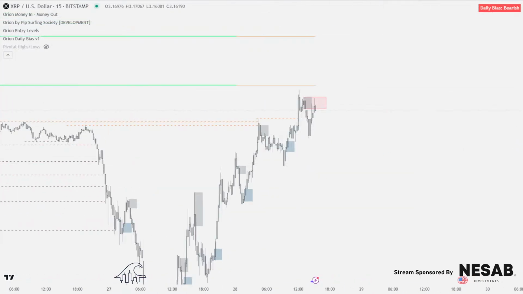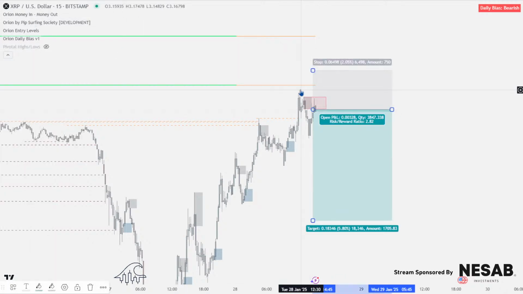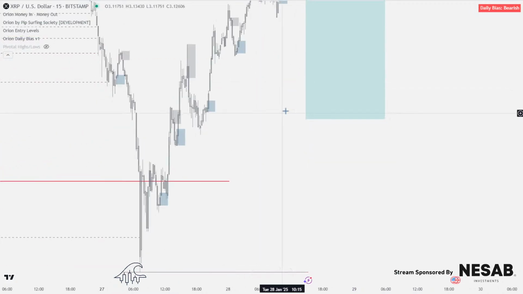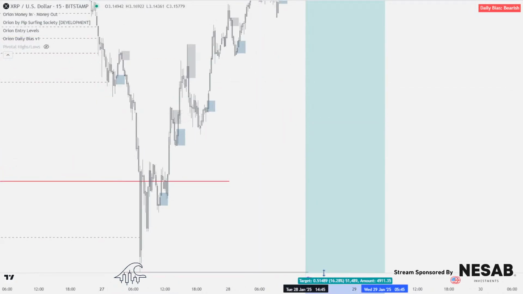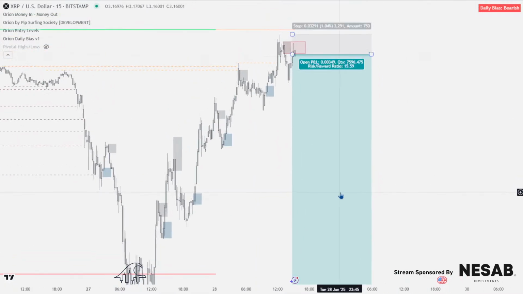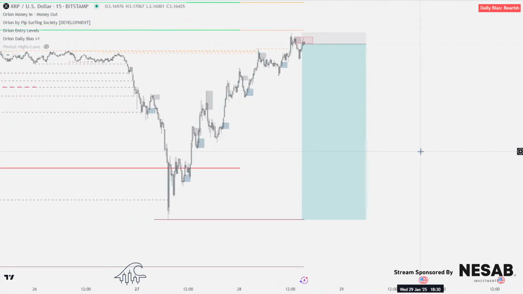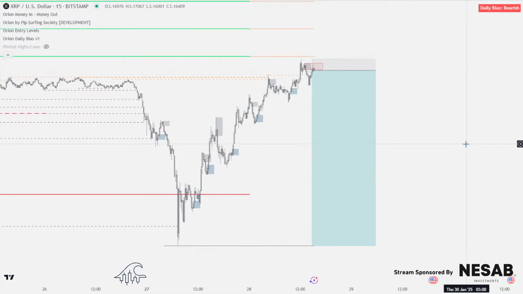So if you were actively looking to sell the XRP move here, it would be like this. God, that's ridiculous. It'd be like that. It's a 15-hour trade. Always have a look at these ones.